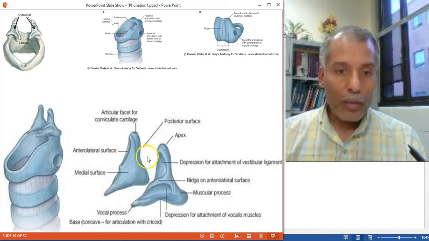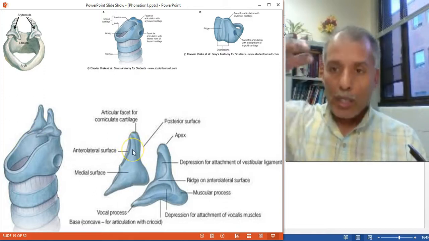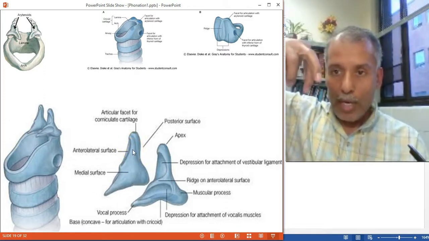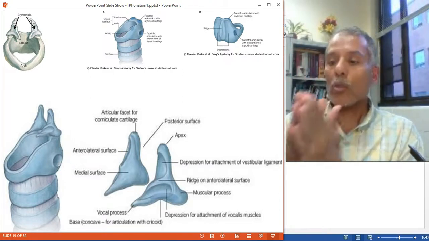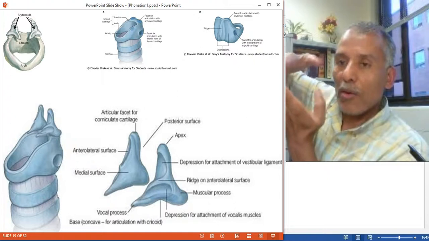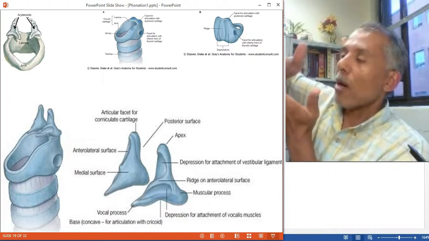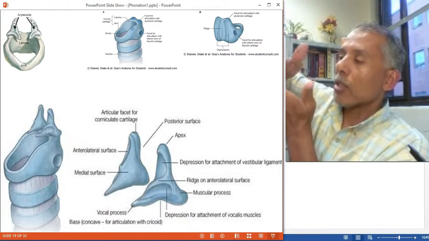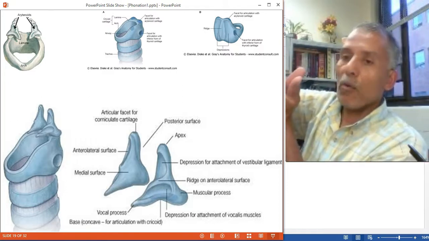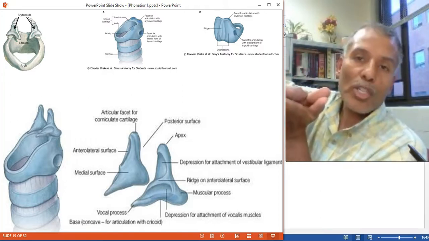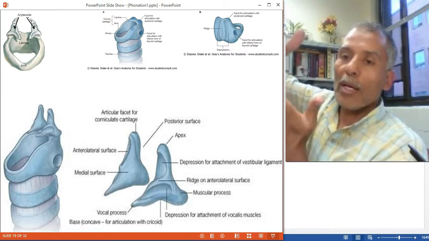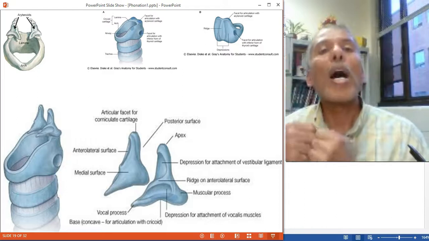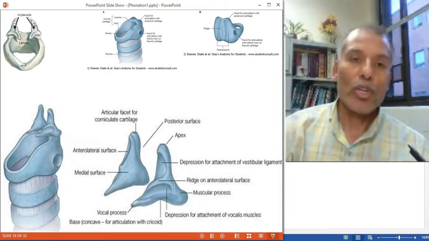So when you swing the arytenoids left or right, they bring the vocal folds with them. Imagine you swing the arytenoids this way, they bring the vocal folds together. We call this adduction. If you swing the arytenoids away, you make the vocal folds abducted, taken away from each other.